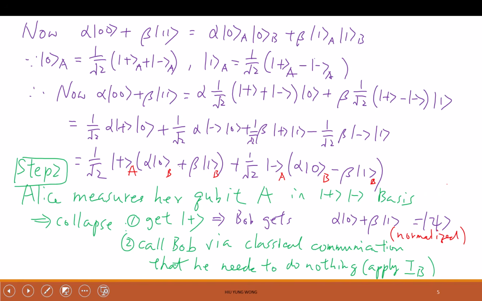Because Bob still did not get the information that Alex already measured. You need to wait for Alex to call him so that he knows there is something. So I would do something more practical.